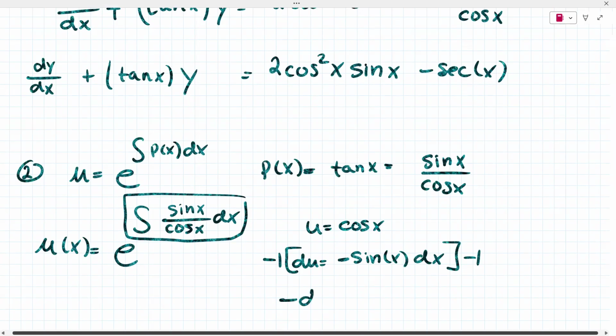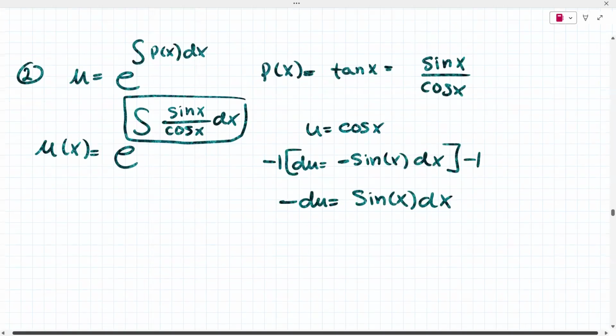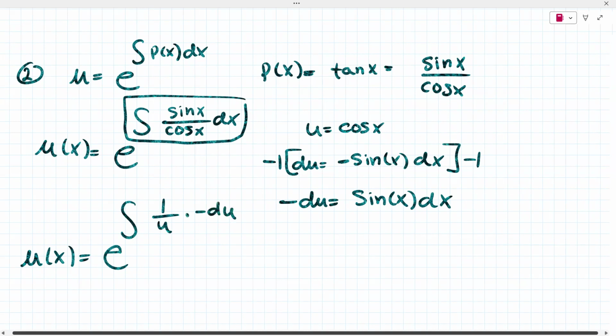So it's negative du equals, -1 times negative is positive sine of x dx. So this would be 1 over u, and then you can replace sine of x dx with negative du.